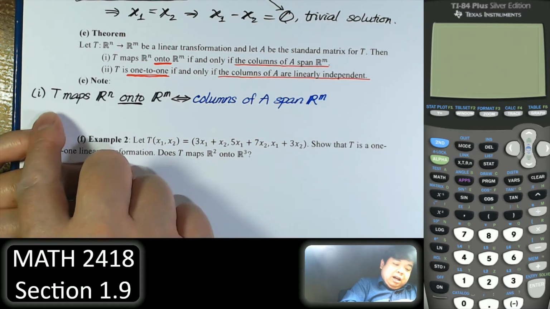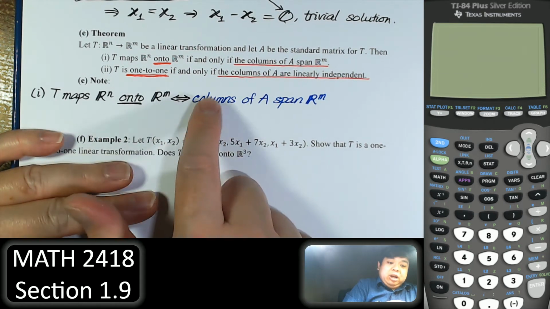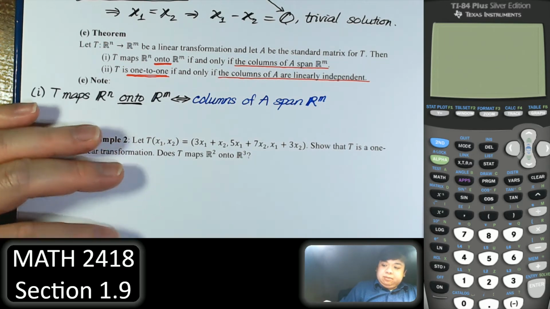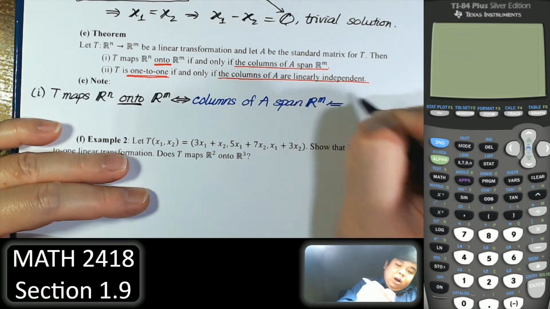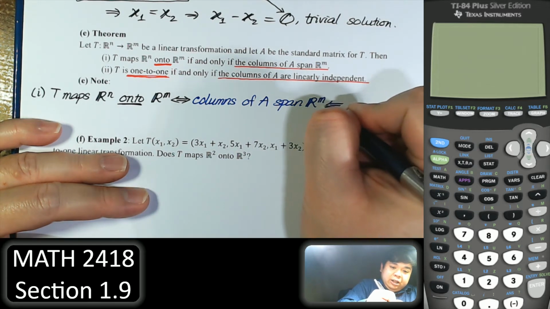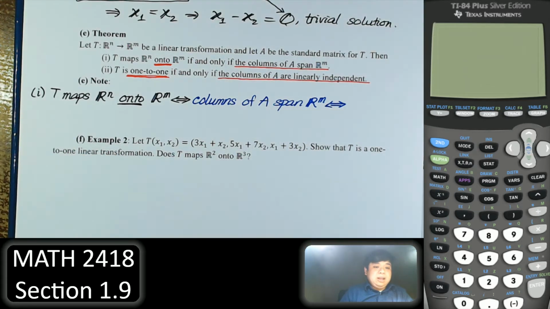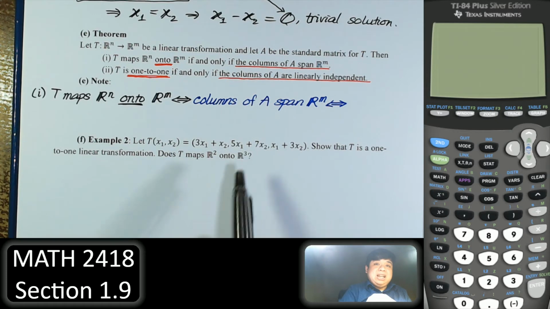So if T is onto, then the columns of A span Rm. What we look for is how do we know if the columns of A span Rm?